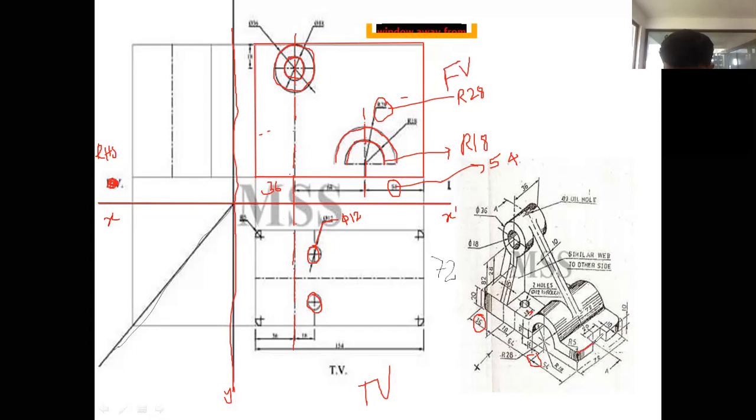In the top view, its length is 154 and its width is 72, so the box is 72 by 154.